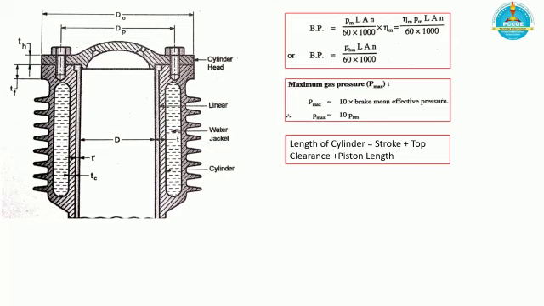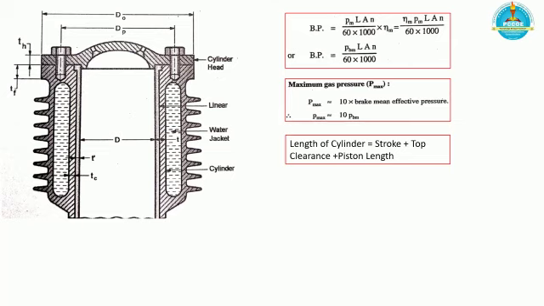So I can have it as L or as D, and area is also given in pi D square by 4. So it is better to have L in terms of D, area also in terms of D. Brake power is given, PBM is there, or efficiency and PM are there. You can calculate the diameter, and from the diameter, having the L by D ratio, you can calculate the L value also.